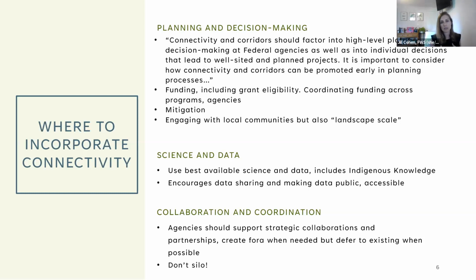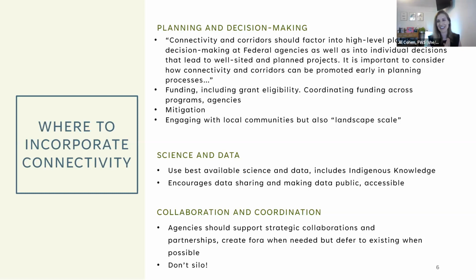And then finally, this element around collaboration and coordination. The guidance directs agencies to support collaborations and partnerships, and to create different fora for collaboration and communication. But it says, create those when needed, but defer to existing when possible, which I think is interesting. And here's my little paraphrase: don't silo.